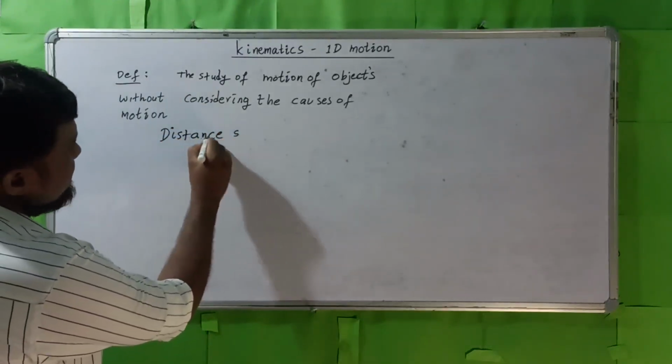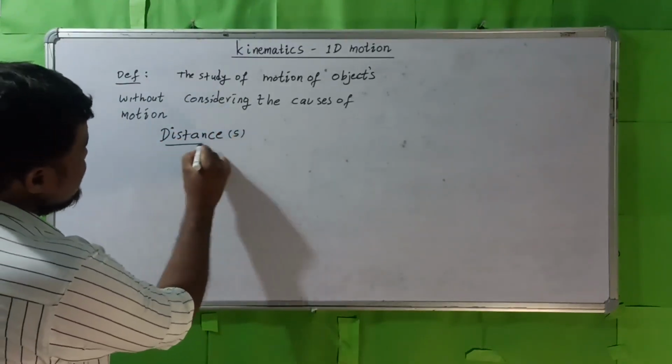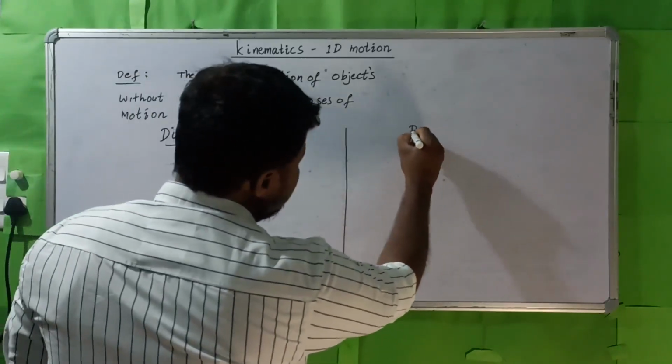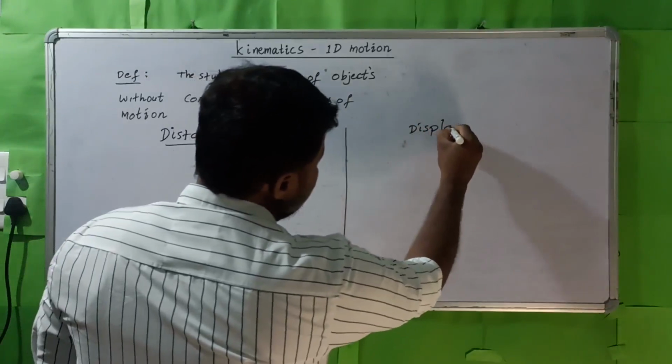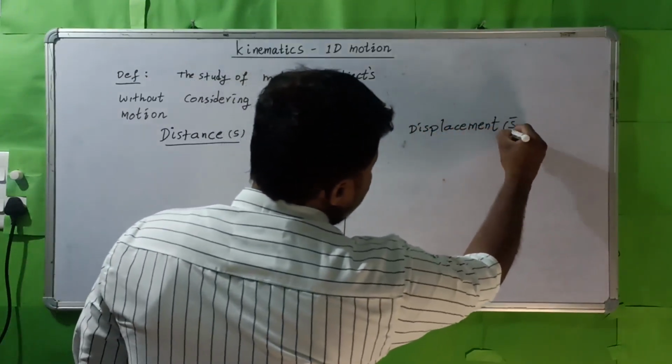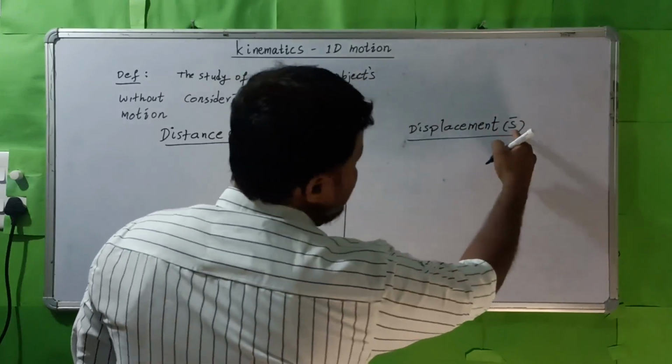Distance is denoted by the letter S. On the other hand, I will take displacement, denoted by the letter S bar.